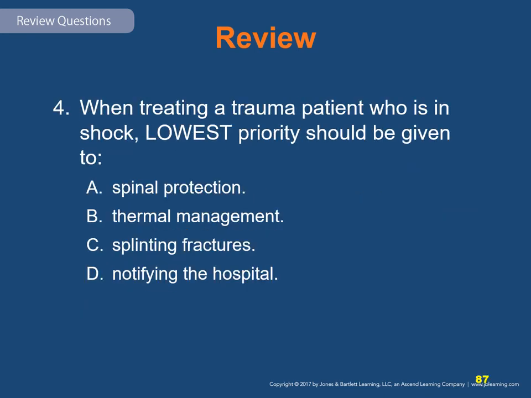Review question number 4. When treating a trauma patient who is in shock, lowest priority should be given to: A, spinal protection; B, thermal management; C, splinting fractures; D, notifying the hospital.